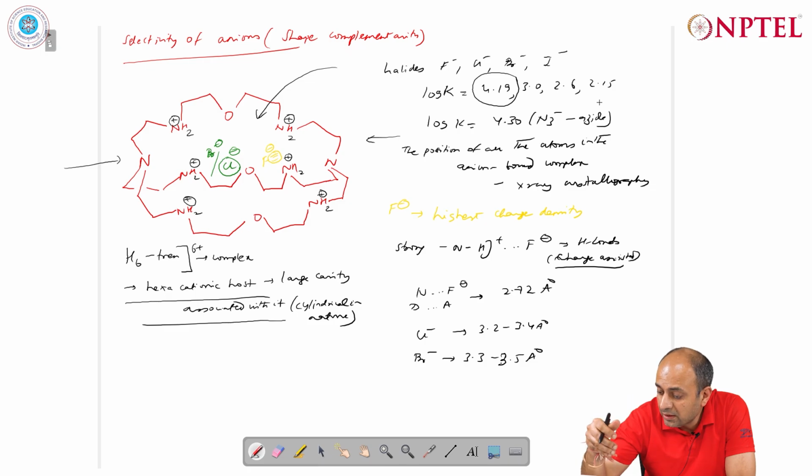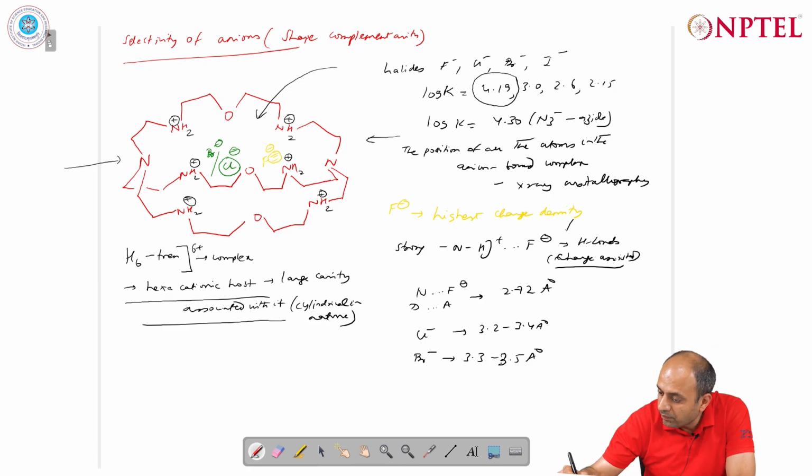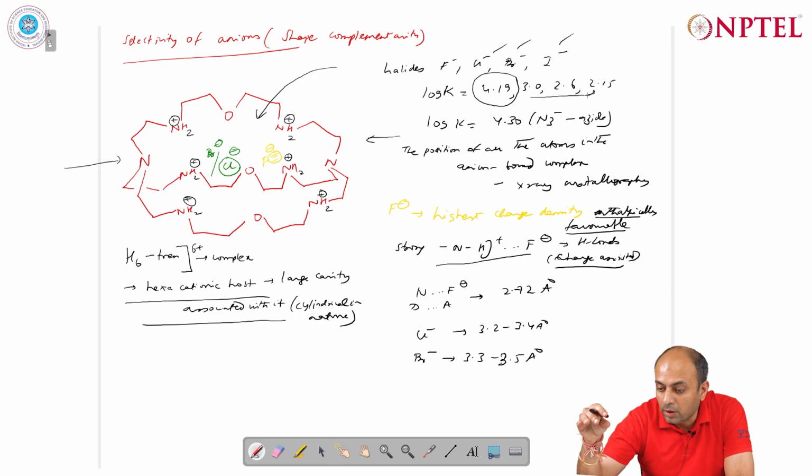But essentially what drives the system is the larger number of enthalpically favorable NH-F minus hydrogen bonds that drive the association process. The strength of the hydrogen bond decreases when the electronegativity drops to chloride, bromide and iodide, thereby indicating a reduced binding constant.